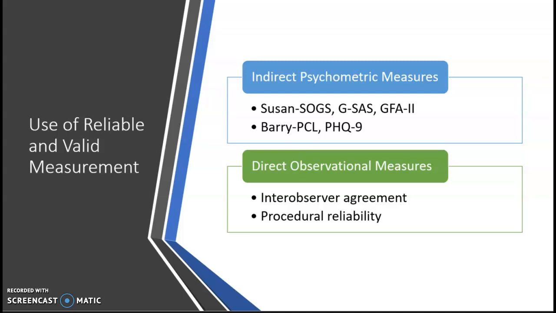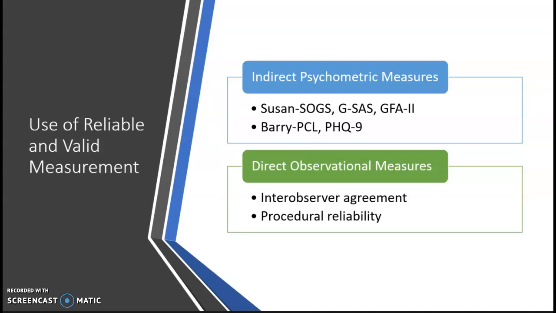But again, that measured proclivity towards gambling. She used the Gambling Severity Assessment Scale, which measures severity of gambling behaviors, and then the Gambling Functional Assessment Scale 2, and that identifies maintaining variables of gambling. All of these assessments are said to have good construct and internal validity, and they are considered to be very reliable.